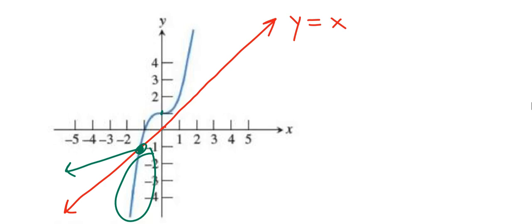What's going to happen to the point 0, 1? Zero, 1. What's going to happen to that one? 1, 0, right? So you're going to do something like this.